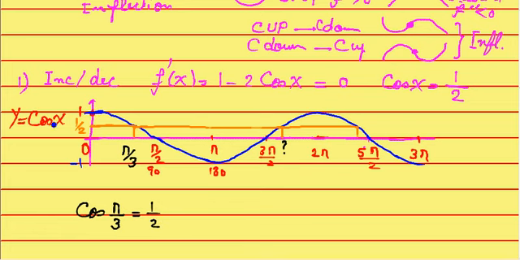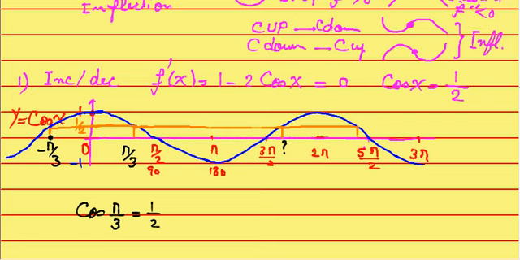Here, let's go to the other side as well. There's actually this angle in the fourth quadrant which has cosine equal to 1/2, and that is just the negative of this angle, minus pi/3.